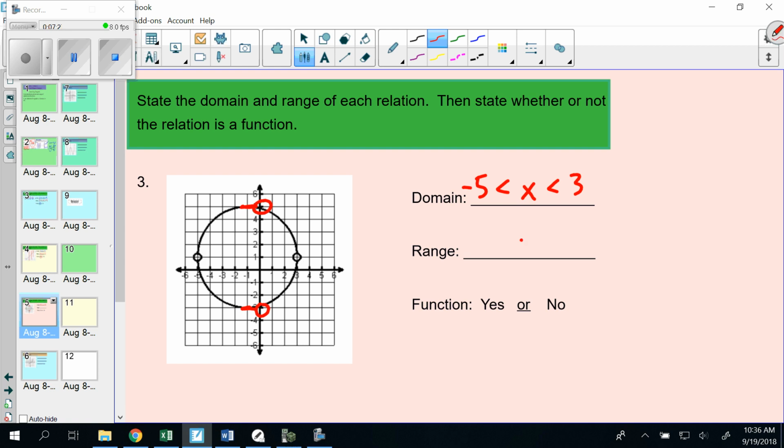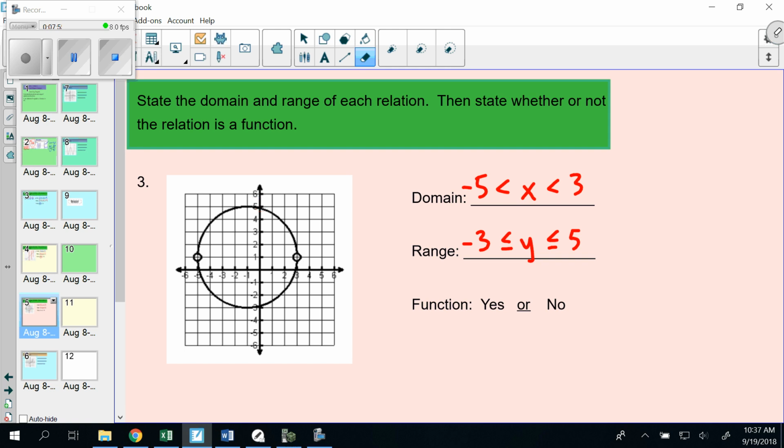So we want all the y values in between there. All the y's have to be less than 5, and they're all greater than -3. And here we do want to include, because there is a filled in point there, there's no open circles on that graph.